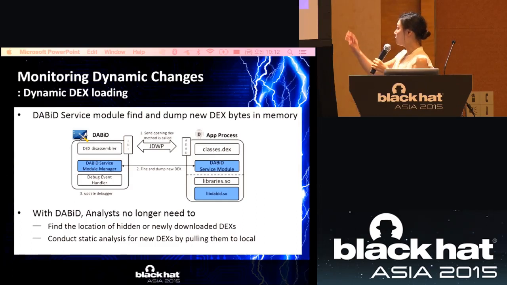The debugger then interprets the new DEX and gives a clean view of it. So with DABiD, analysts no longer need to find the location of hidden or newly downloaded DEXes, and do not need to conduct static analysis by pulling them to local.